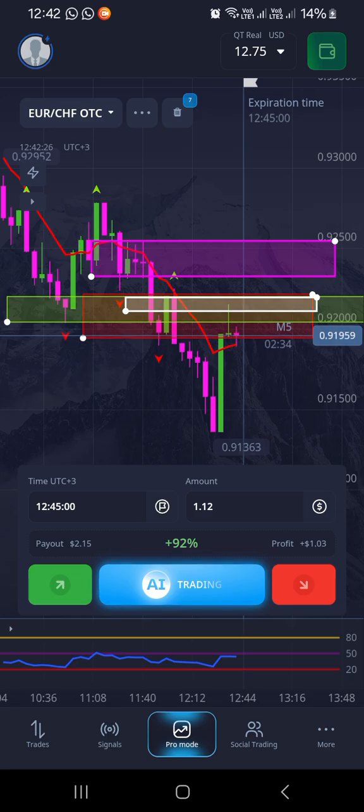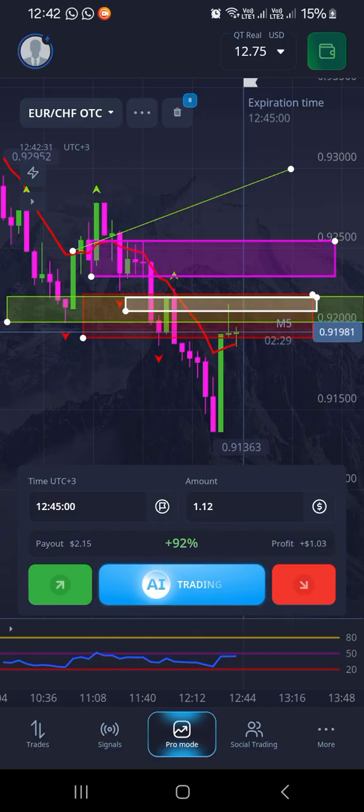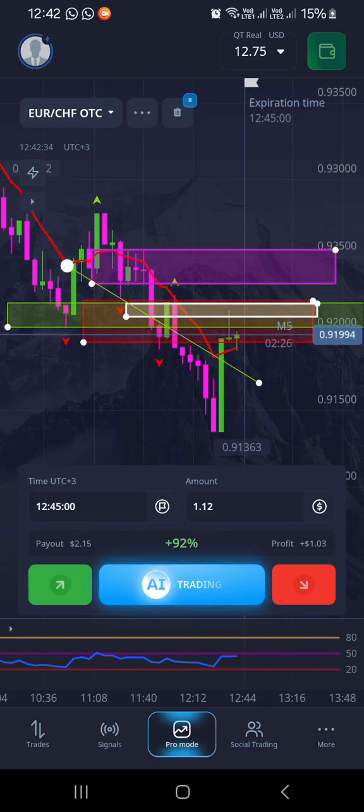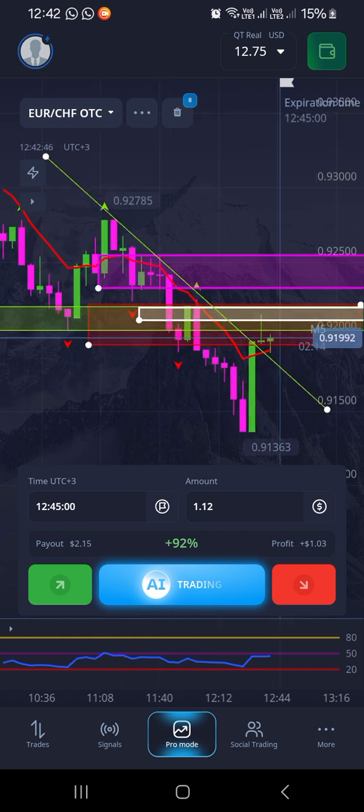I expect a retracement. So this is in confluence with, let me check, the trend line.